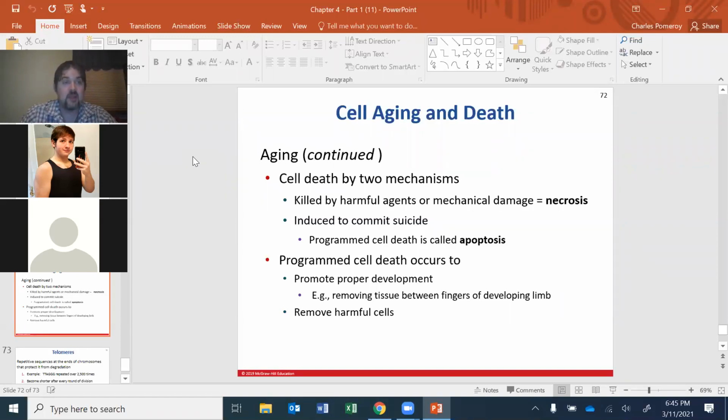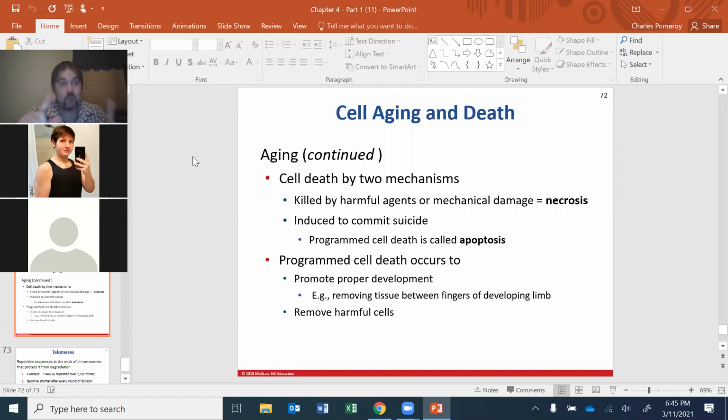And so that programmed cell death occurs during development, and sometimes that doesn't happen properly, and people are actually born with fused fingers or with webbed fingers and toes. We all start out with the webs, but those cells are supposed to self-destruct, okay? And then that's what gives us our grooves.